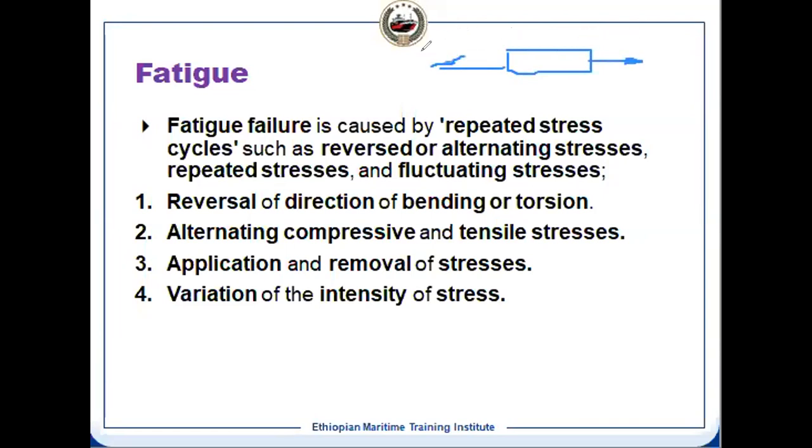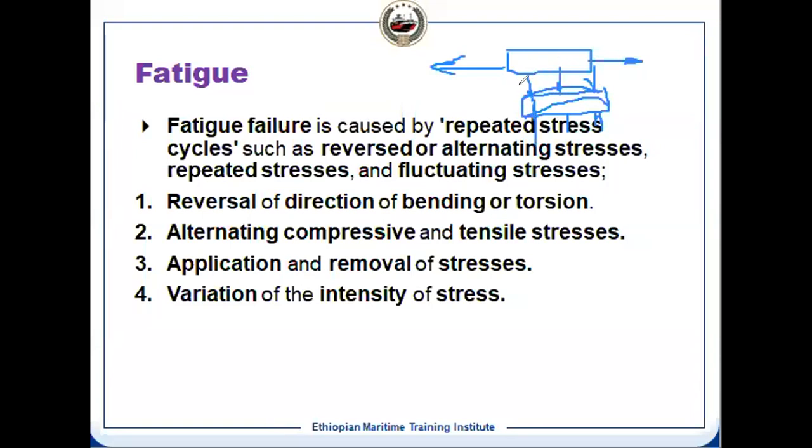It will break at one point, but instead of that, we give a cyclic force. Sometimes we put force here and this is fixed, so it will have a bend like this, and another moment we give a pressure from here and we give support here, so it will be cyclic.